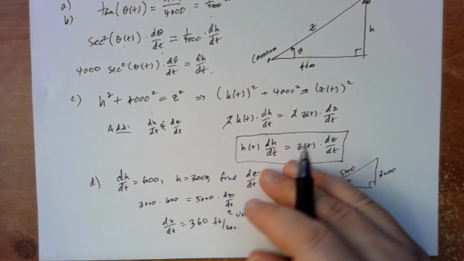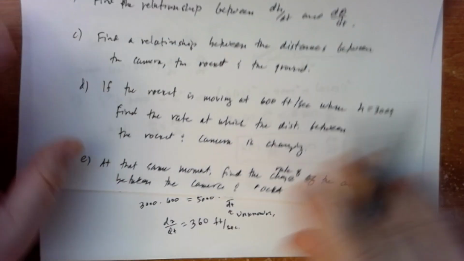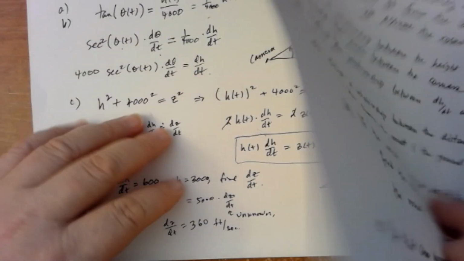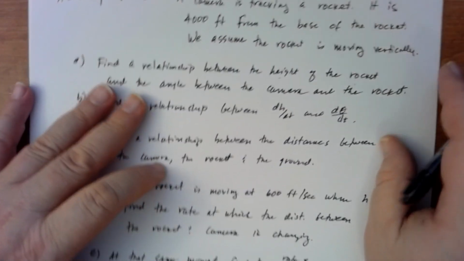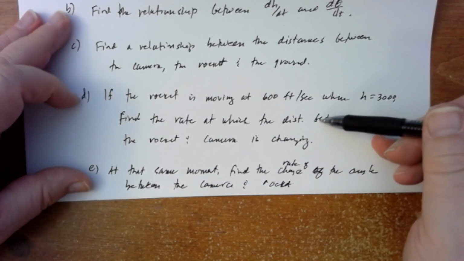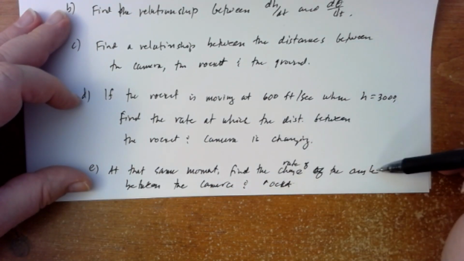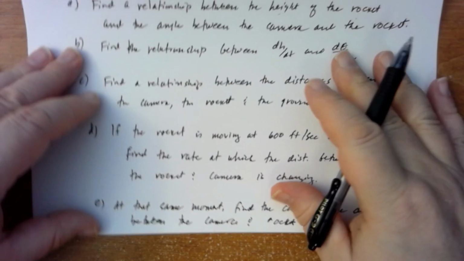Let's see. We have one more part here to think about. At the same moment as this one, find the rate of change of the angle between the camera and the rocket. So we want to find d theta over dt. So let's summarize what we have here.